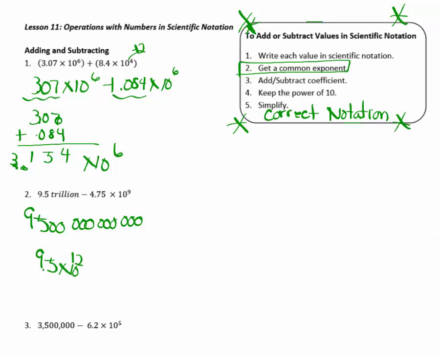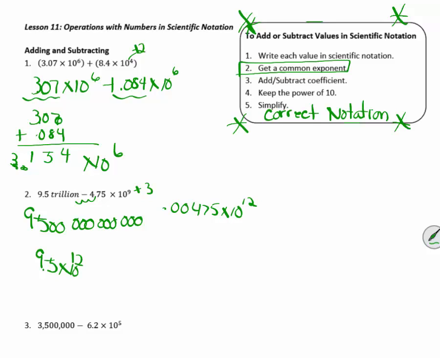So I need to then change the 4.75 so that it has a power of 12. So I have to then add 3, right, because 9 is 3 away from 12, which means I have to move my decimal 3 places. So if I go 1, 2, 3 places, this is going to become 0.00475 times 10 to the 12th.